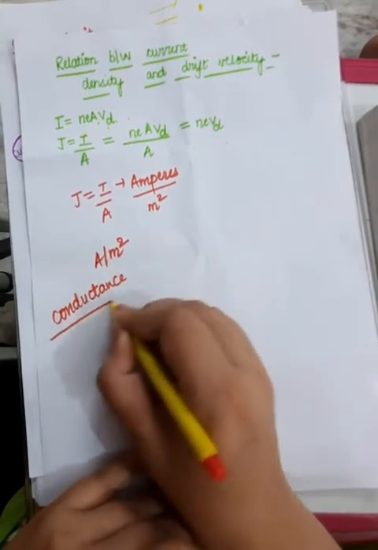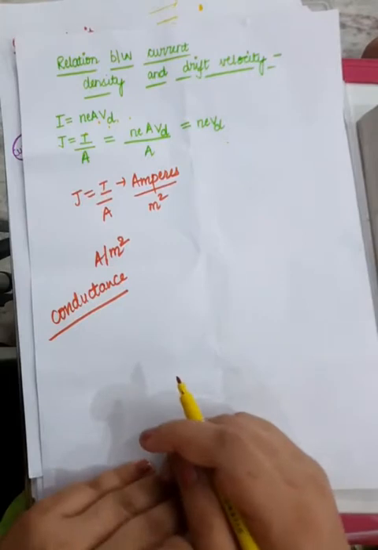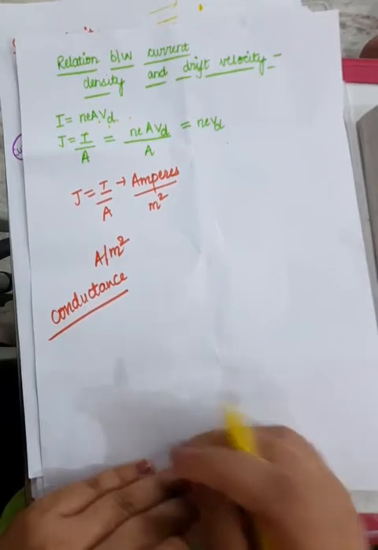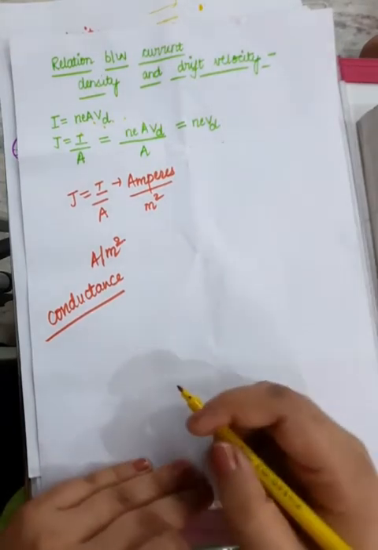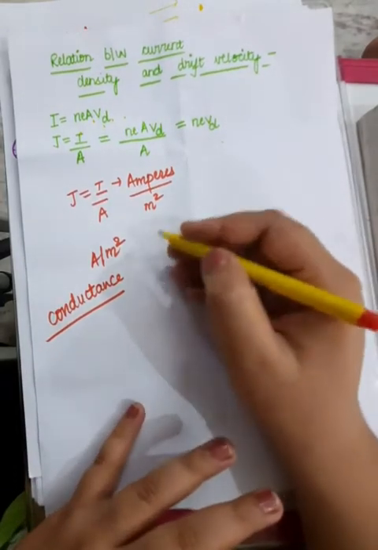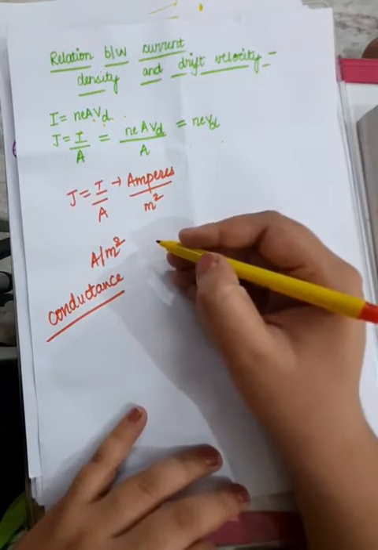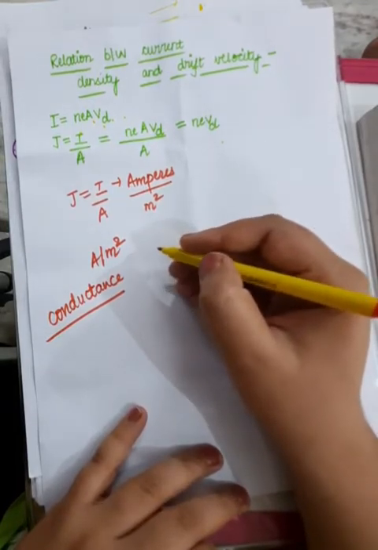Conductance is exactly the opposite of resistance. Resistance means the capability of a material to obstruct the flow of charge carriers, to cause a hindrance in the flow of charge carriers. But conductance is the reciprocal of resistance. It is actually the ease with which the charge carriers flow in a conductor.